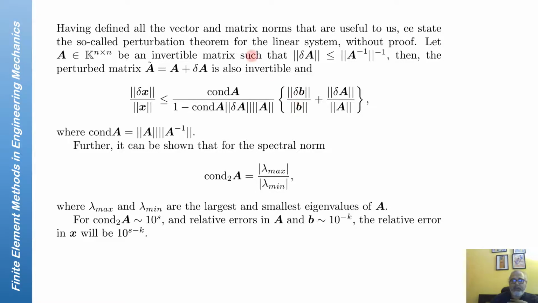If A is an invertible matrix, so I have a system Ax = b, A is invertible, and the perturbation in A, the norm of that, remember the norm is the maximum eigenvalue of delta A, let's say 2 norm, is less than one by the norm of A inverse.